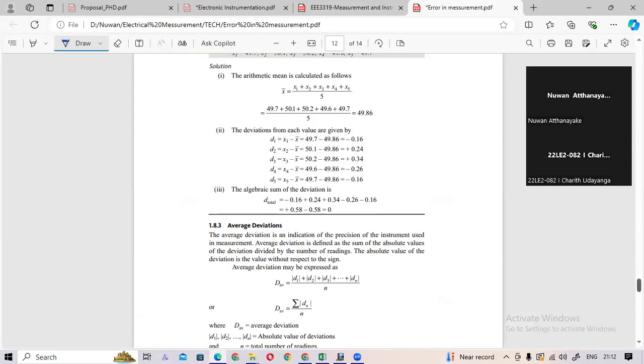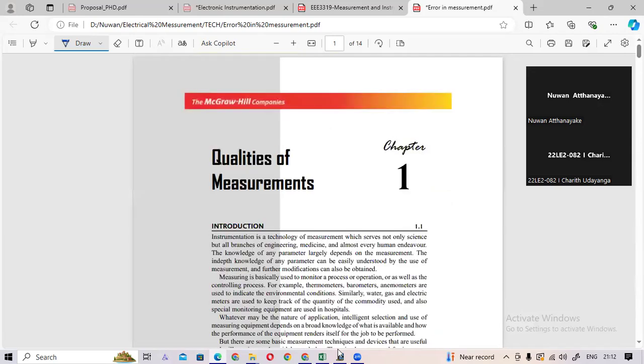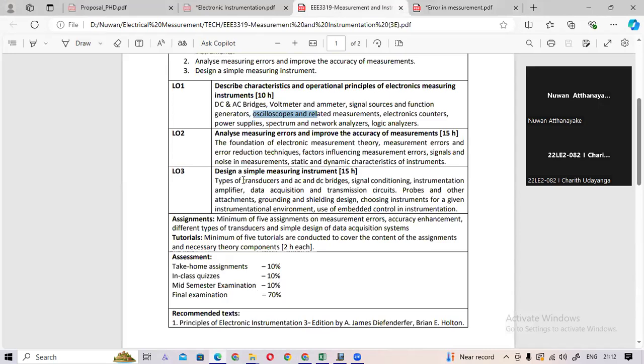So that is related with the LO1, LO2. For the LO3, actually we have to design a simple measuring instrument. So there we have to learn this kind of things. I will put a video. I have already recorded a video for these terms.